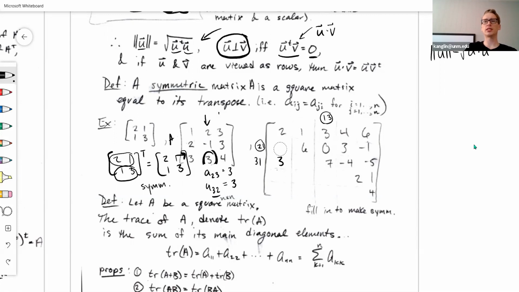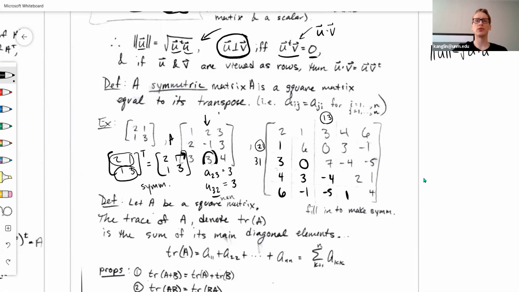And maybe you're just seeing it as a pattern of making it symmetric across that main diagonal. I think that's a great way to do this. Get a 3 here, 4 here, 6 here, -1, -5, 1, and it looks like -4, 3. I did that in sort of a scattered way, but I got to my final answer.